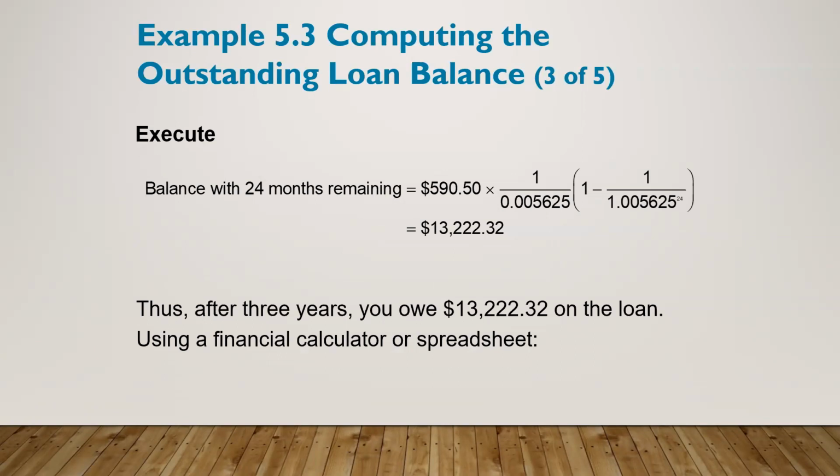So to compute the balance with 24 months remaining, it equals $590.50 times the annuity factor. And when you compute the formula, you would come up with $13,222.32. So after 3 years, you owe $13,222.32 on the loan.